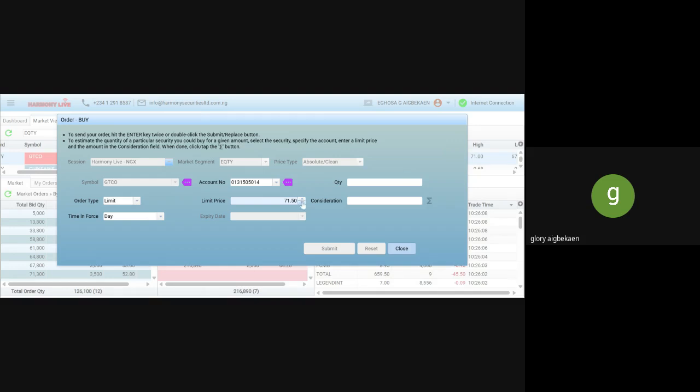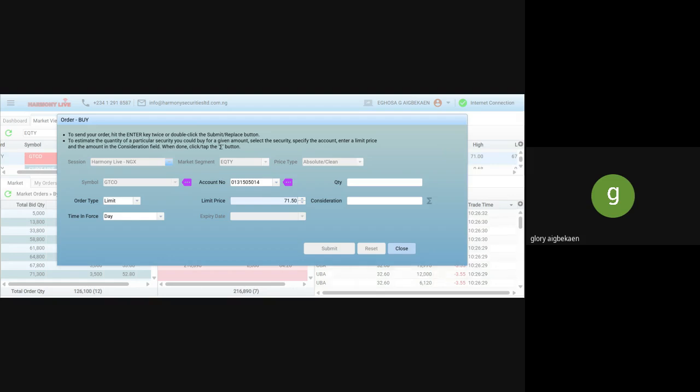Like now, I can come here and say, okay, the default price that comes out here is the price the stock closed at in the previous trading day. The previous trading day for us now is Friday, and we are now on Monday.